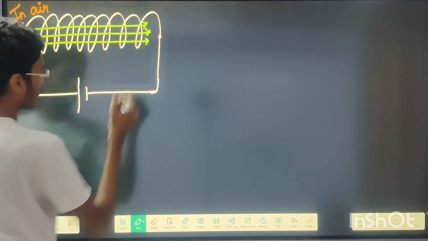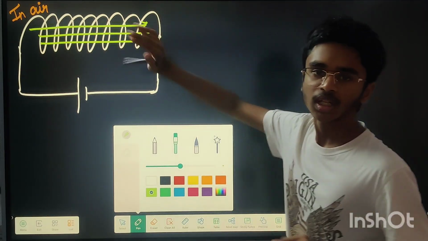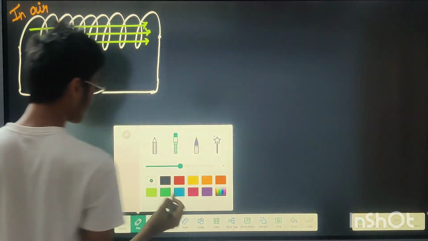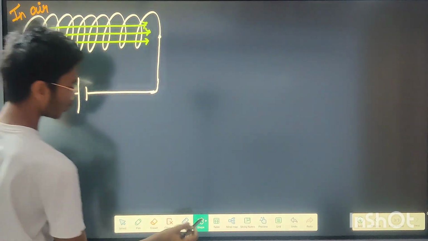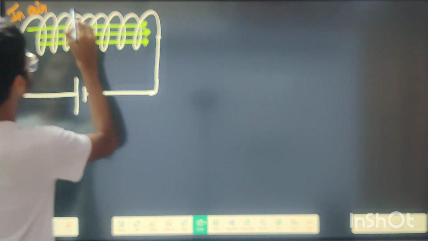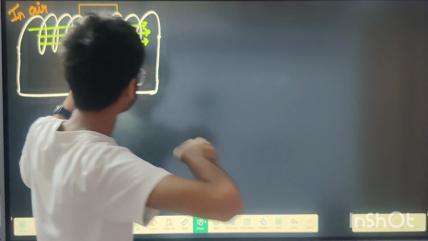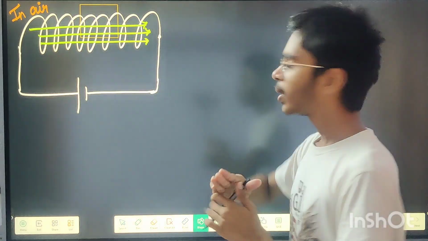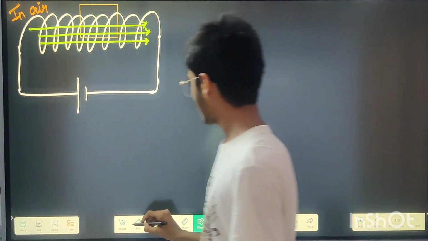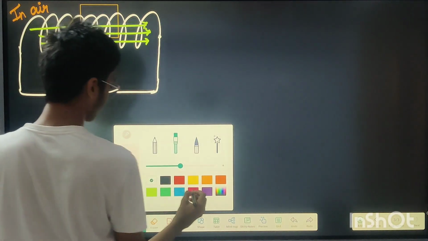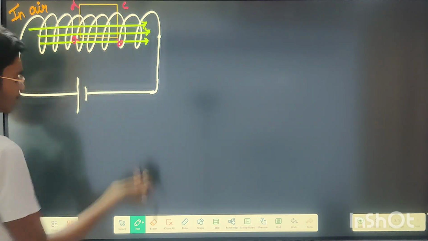We are going to see how the magnetic field will be inside and outside. I'm going to consider the yellow color. We are going to see the total magnetic field in this box, which is kept a little bit outside and a little bit inside. According to nomenclature, we are going to label this as A, B, C, and D.